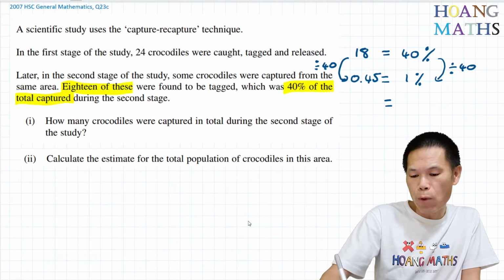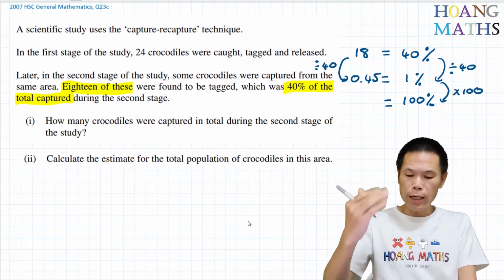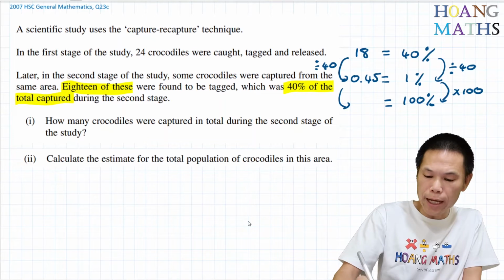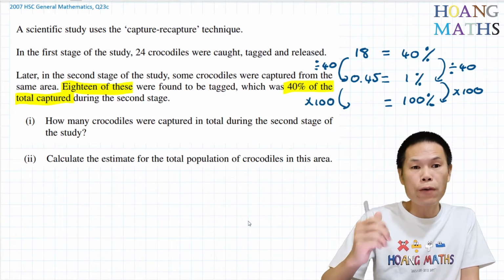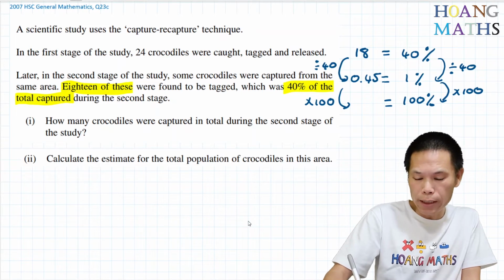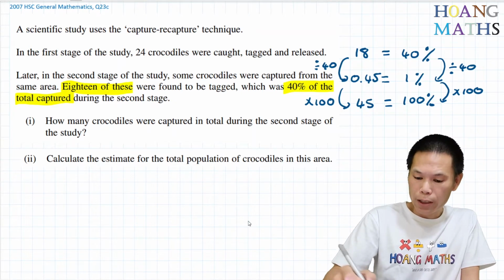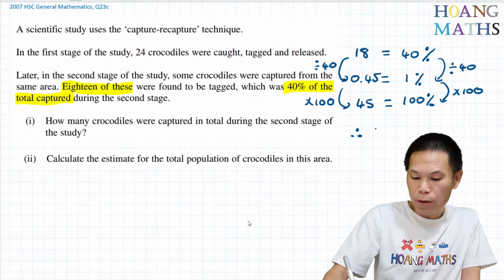From 1 to 100%, we times by 100. Of course, I need to do the same thing on this side, so we times by 100. So 0.45 times 100 is 45. So therefore, 45 crocodiles.